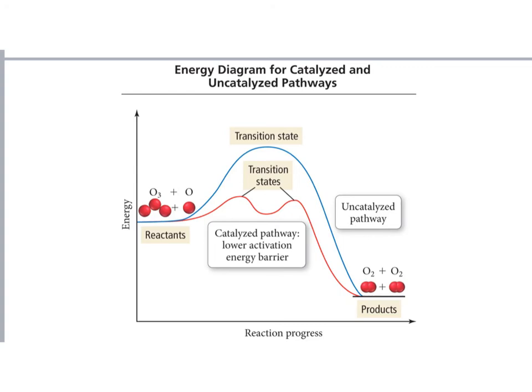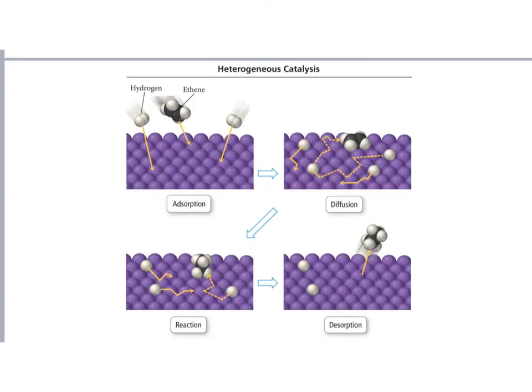Reduction of the activation energy is the whole goal of a catalyst. And if you can reduce the activation energy in this case from this top transition state up here down to these multi-transition states at much lower energy, then that's going to be much faster, right? Because you have lowered the activation energy barrier.